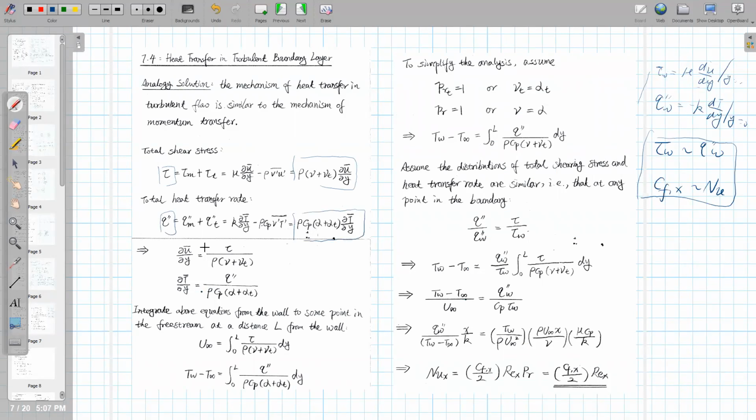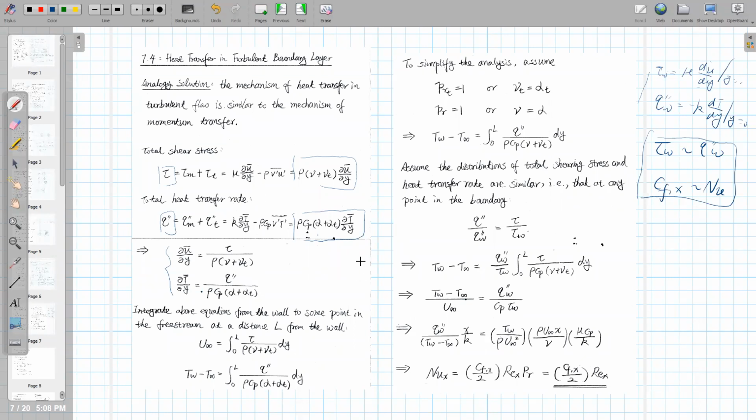Just divide this term to the left on both. So we rewrite partial u partial y equal to tau over rho (mu plus mu t), and partial T partial y equal to q'' over rho cp (alpha plus alpha t).